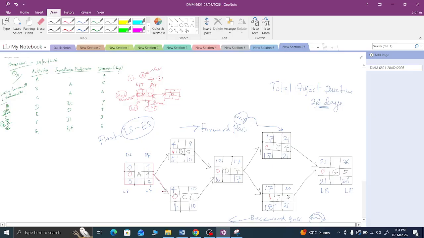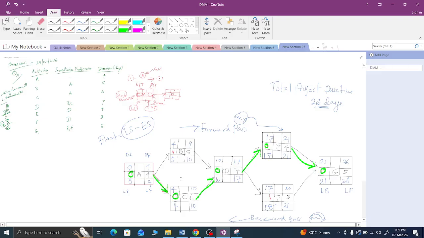In this path, it's moving. This path, you can see the activities having 0 float, right? Here 0 float, 0 float, 0 float, 0 float, 0 float.